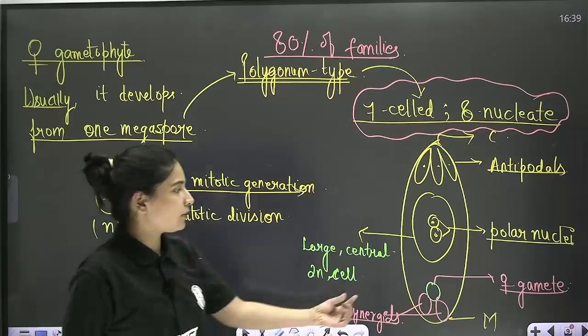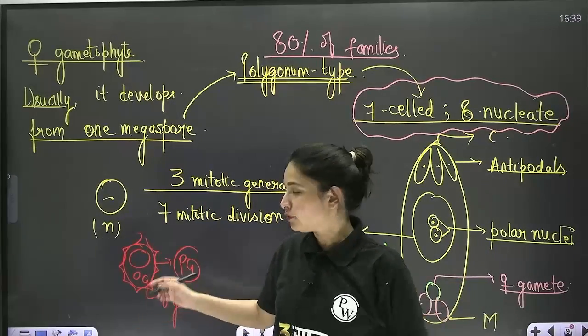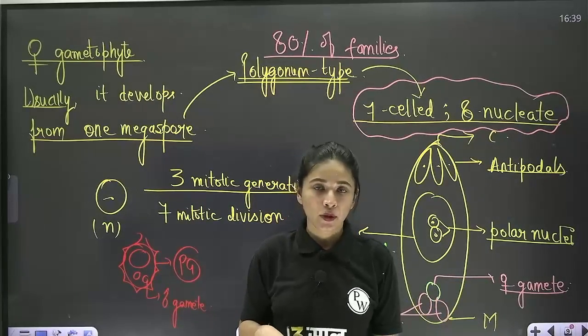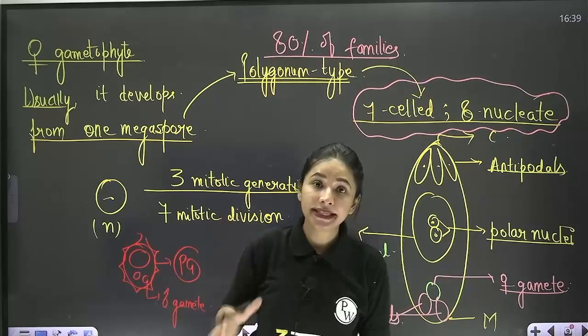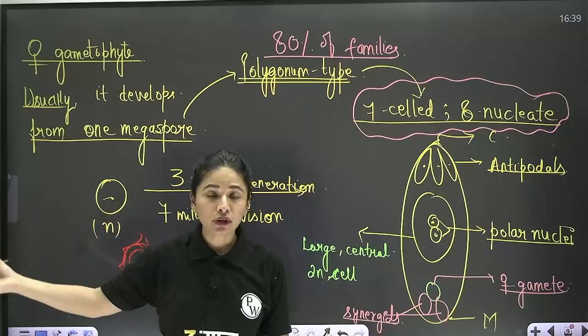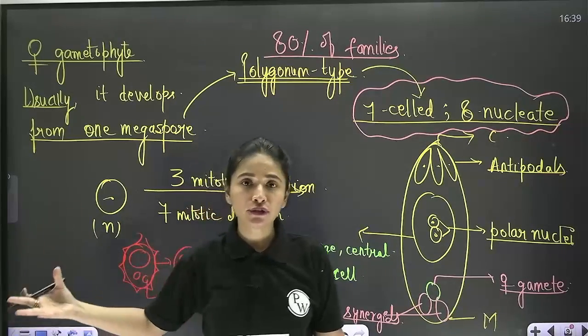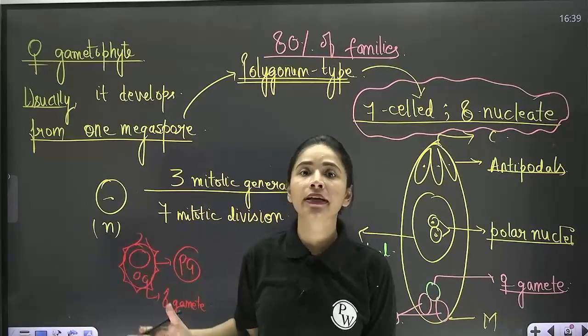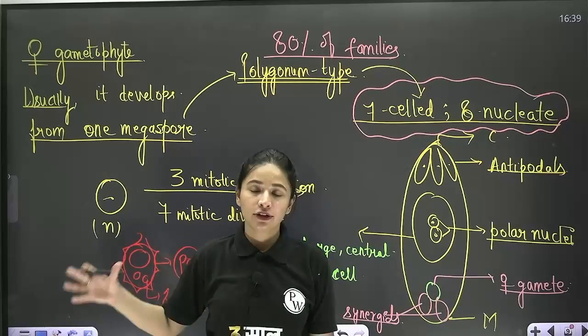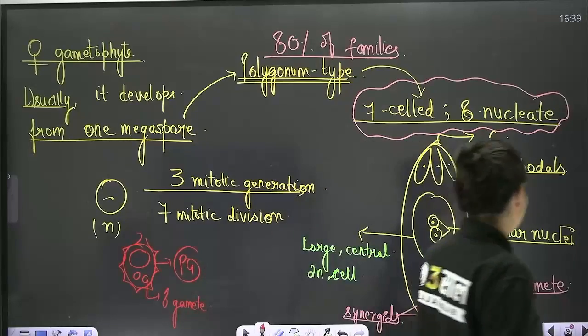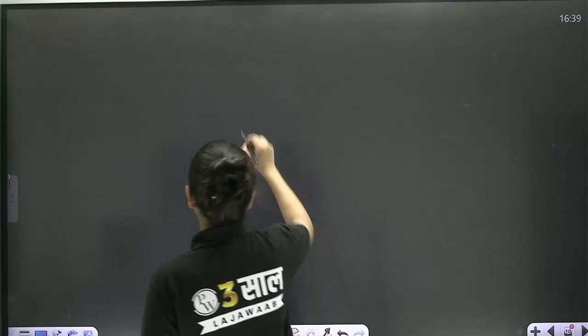And here is my female gamete waiting for the male gamete to come. So this transfer of the male gamete within the pollen grain to the female gamete for fertilization, this event is known as pollination.